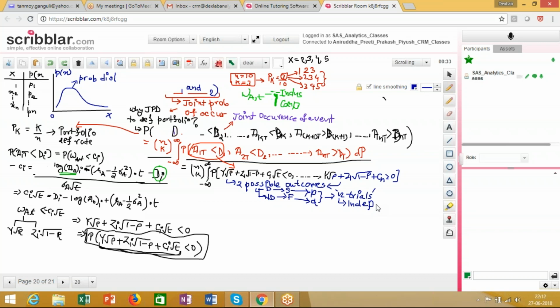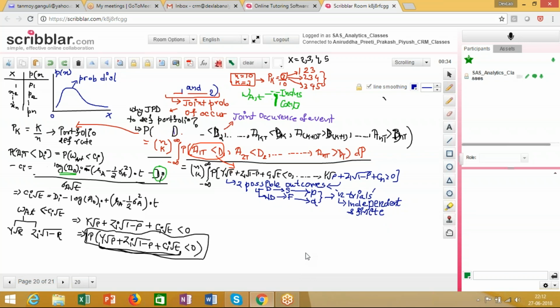So what I'm talking about over here is independent trials, and not only independent trials, it involves independent and finite trials.